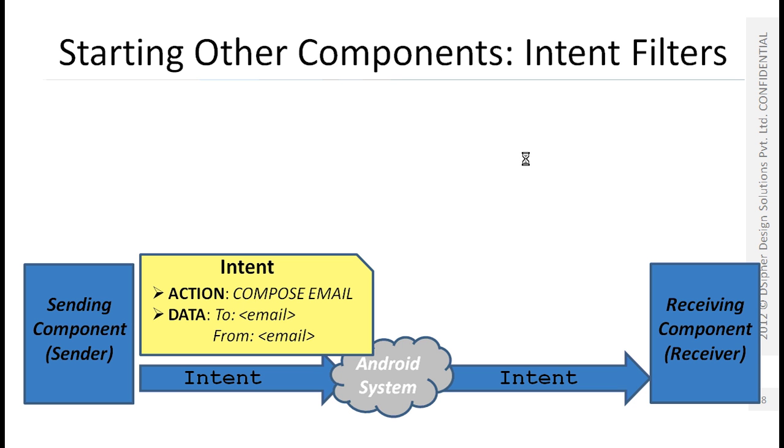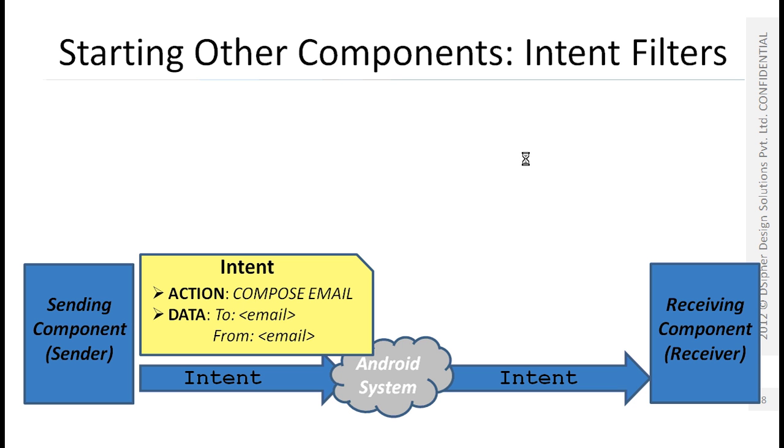If you have an action to compose an email, and multiple mail clients are installed on your Android system, the system will give you a list of the installed email clients, and the user will select one. The email will be composed in the mail client chosen by the user.